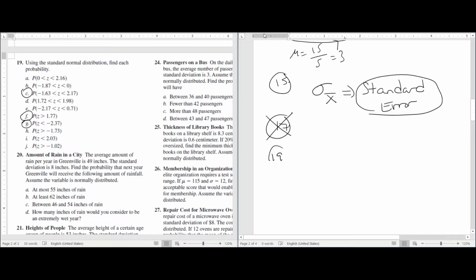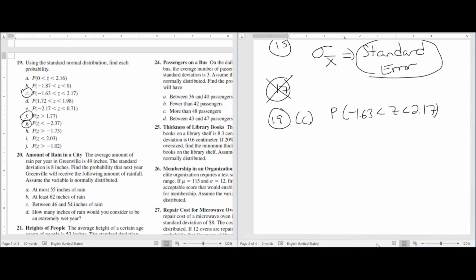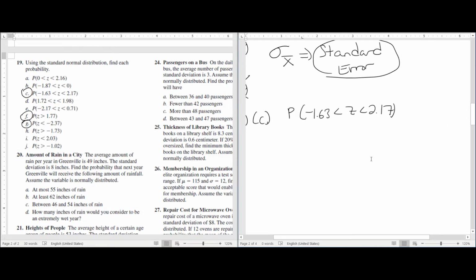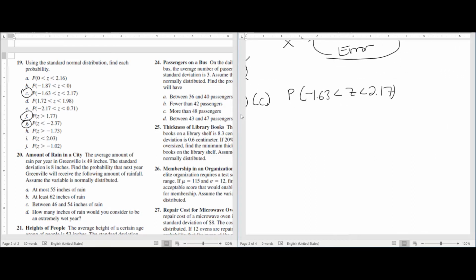So number 19, let's do part C. We want the probability that z is between negative 1.63 and 2.17. In this case, we've got to show our work, so draw out the standard normal distribution.